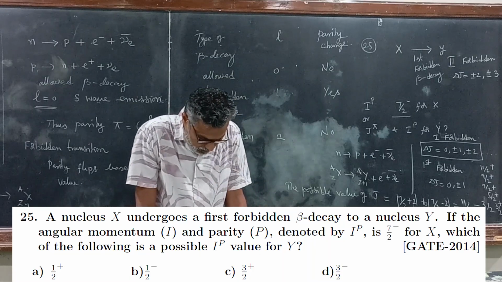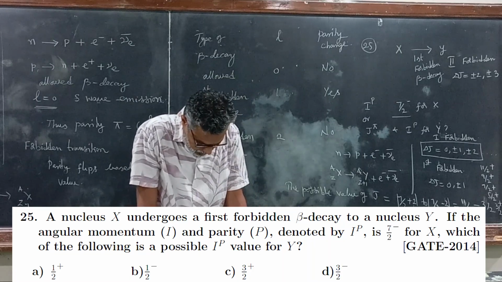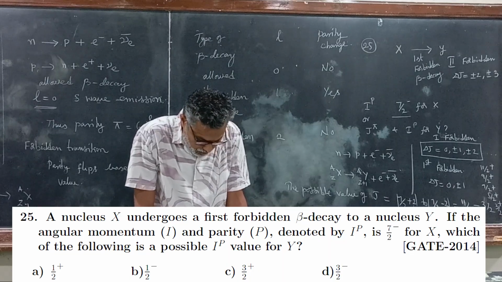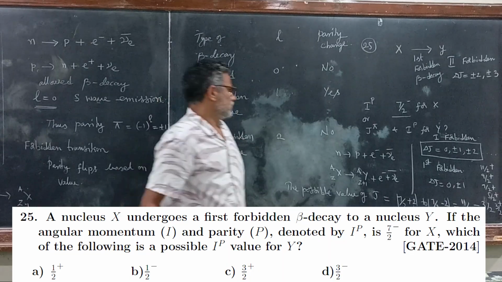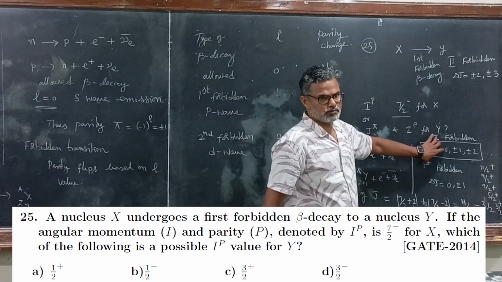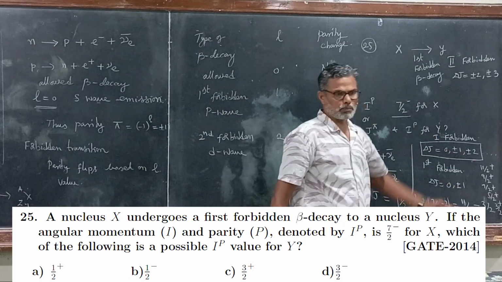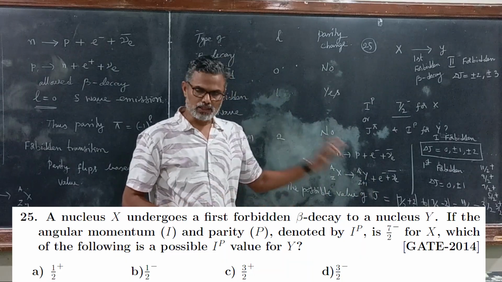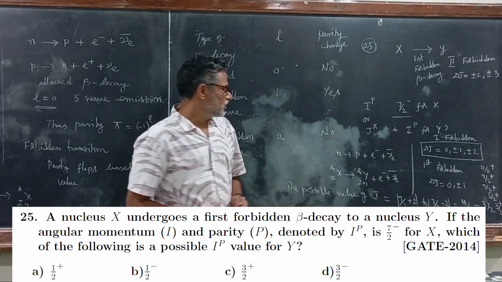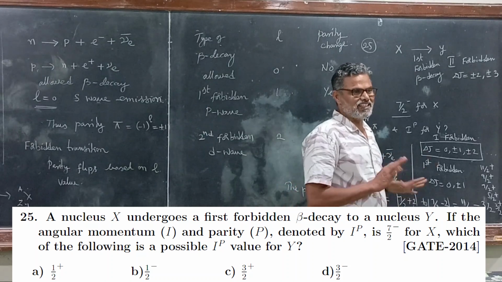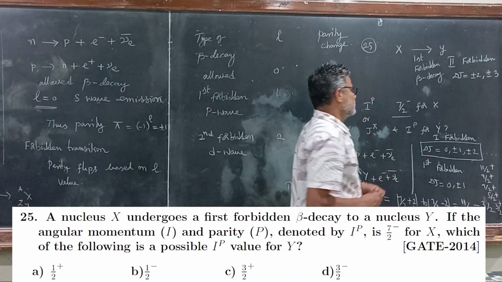Similarly, the 45th one. Is that clear? I was confused about whether it is plus or minus 1 itself or included in plus or minus 1, but it is included for the first forbidden. If you ask why, I have no answer. This is the condition.